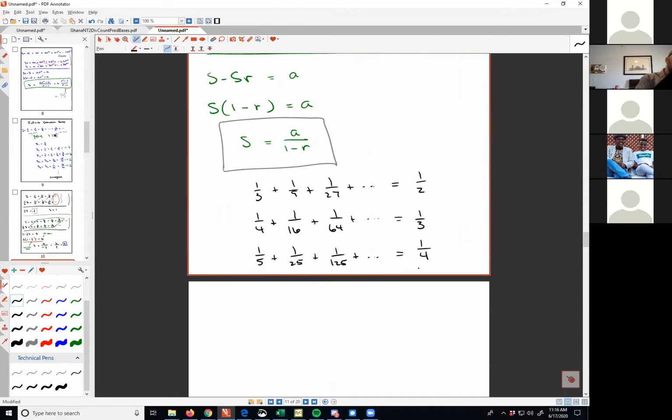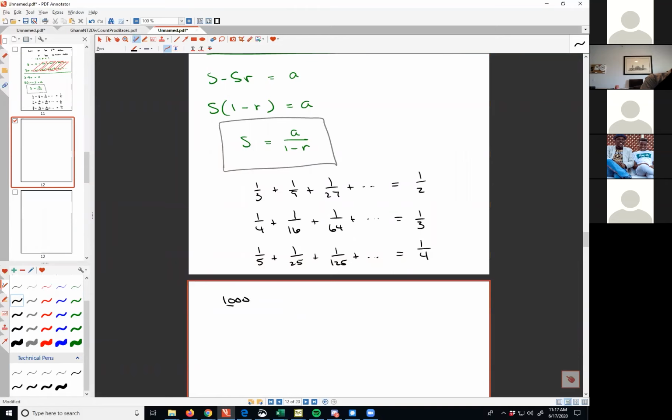If we have the geometric series, I don't know, 1,000 over 3 plus 7,000 over 27 plus 49,000 over 243. What's our common ratio? 7/9.